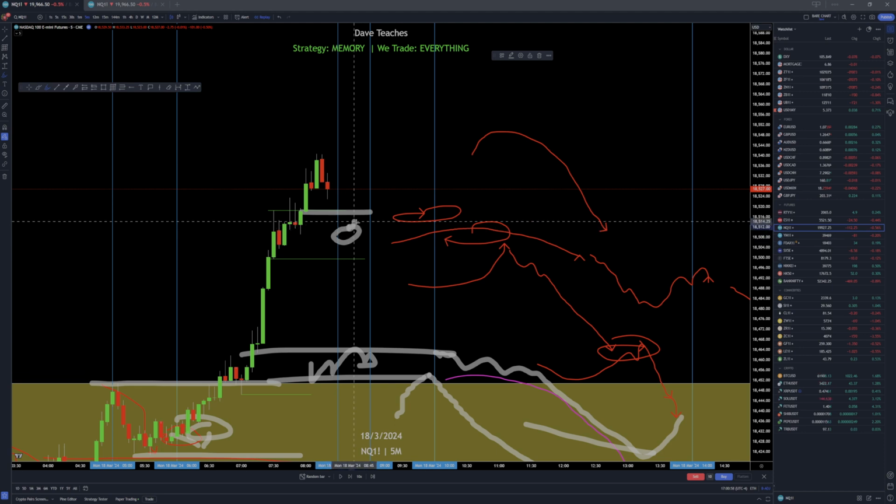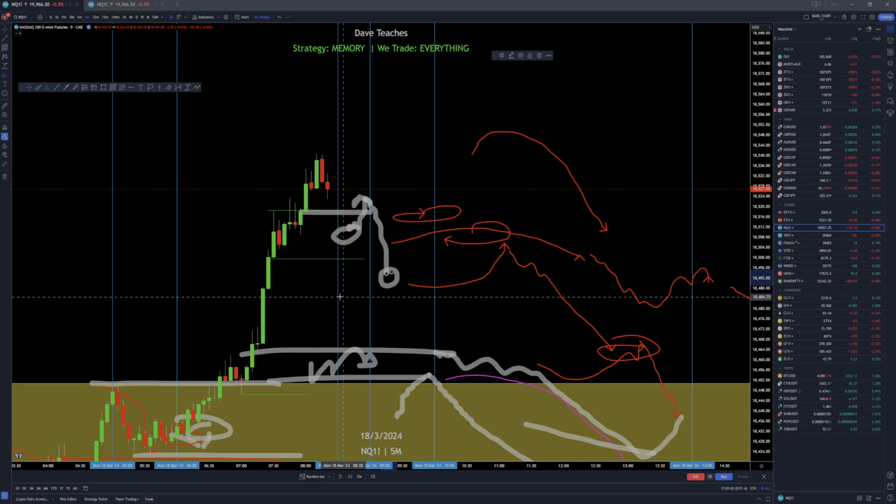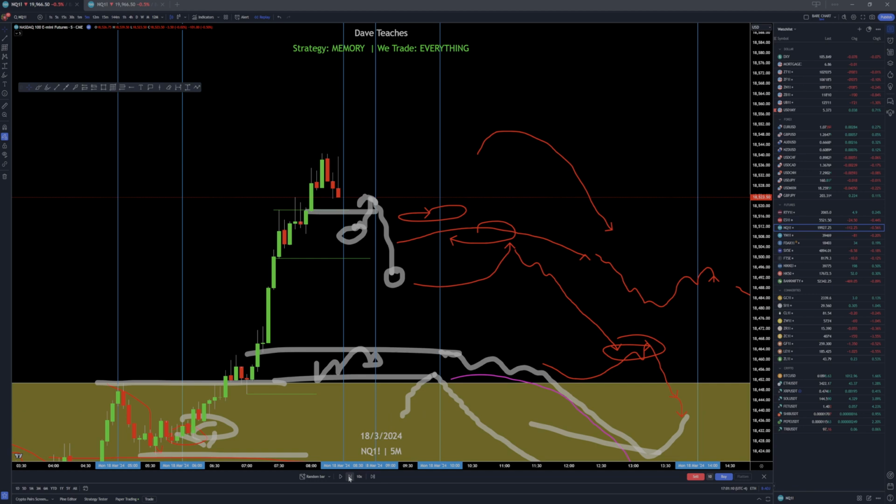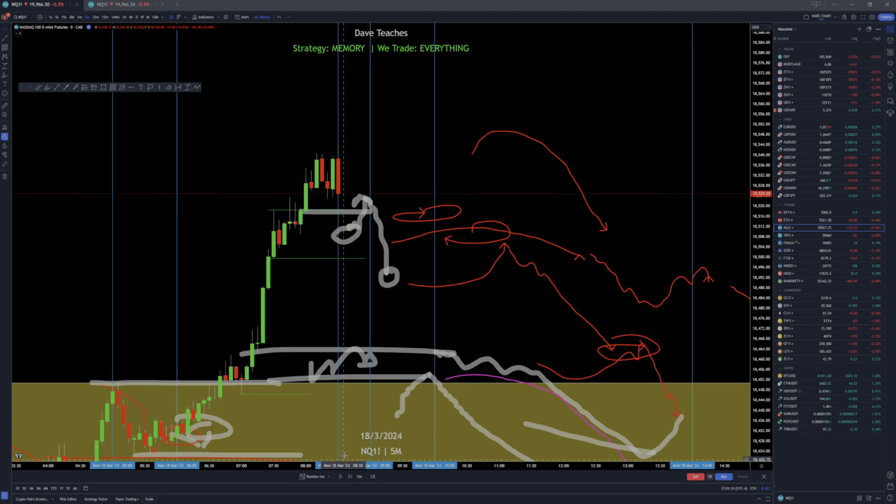If we close below here, I could see a move back in here looking for something down below. So look at that.